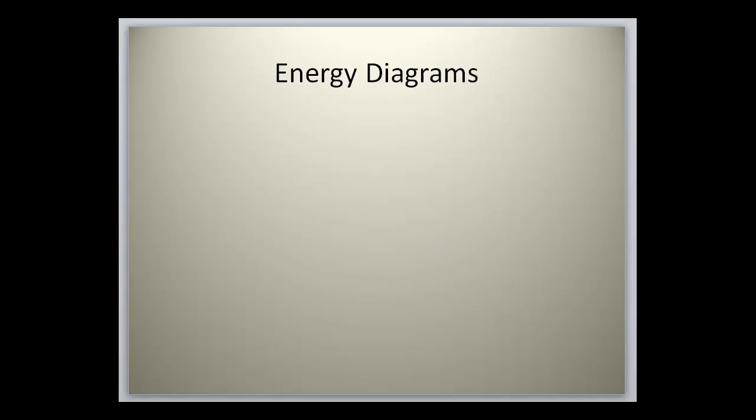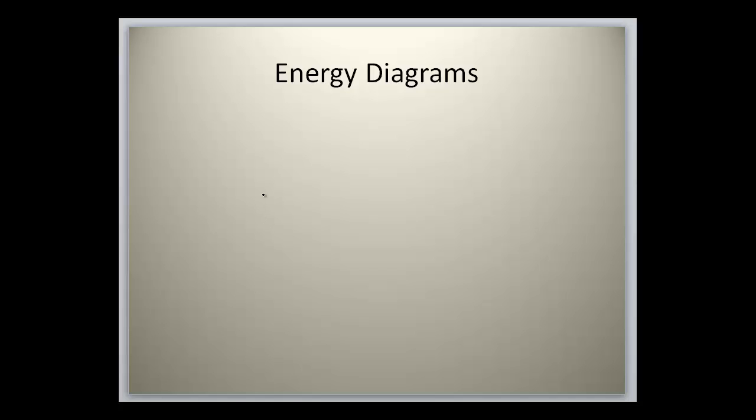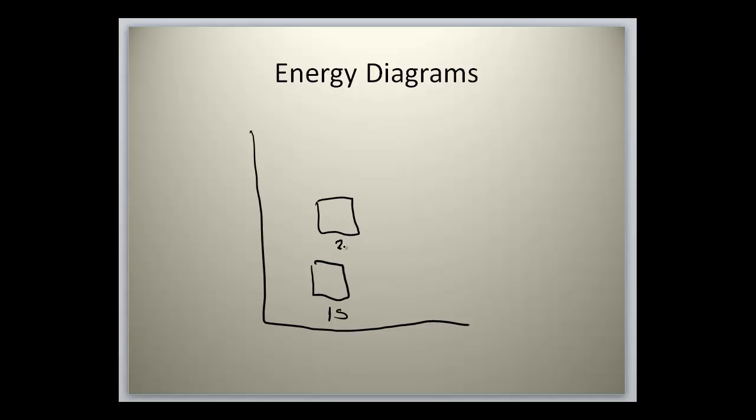So what we're going to do is basically do what we just did there. We're going to draw these things that we call energy diagrams. They are diagrams representing the orbitals in the energy levels as you put electrons into the atom.